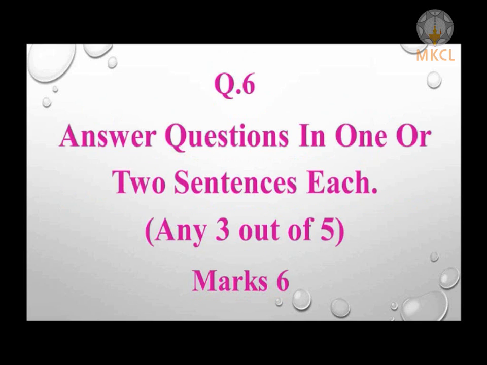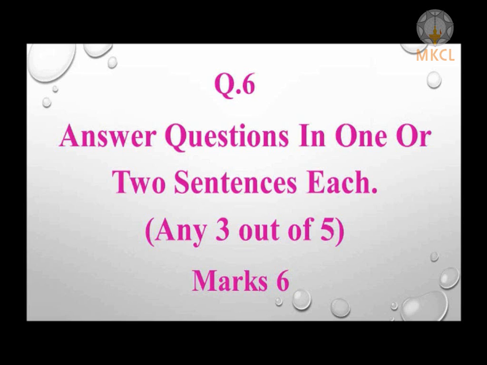Let's go to the next question. Question number 6. Answer questions in 1 or 2 sentences each. Here there are 5 questions and you have to answer any 3, and the marks are 6. For example, what are the main causes of inflation? Here the answer is direct. The main causes of inflation are increase in the demand for goods and services and decrease in the supply of goods and services.